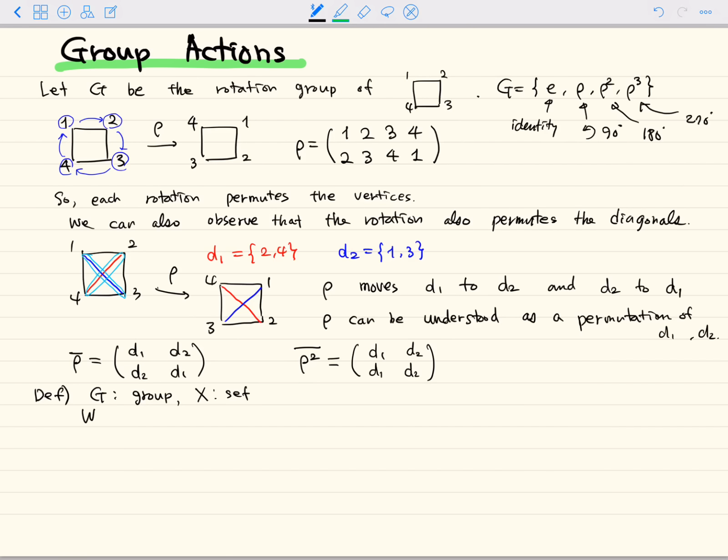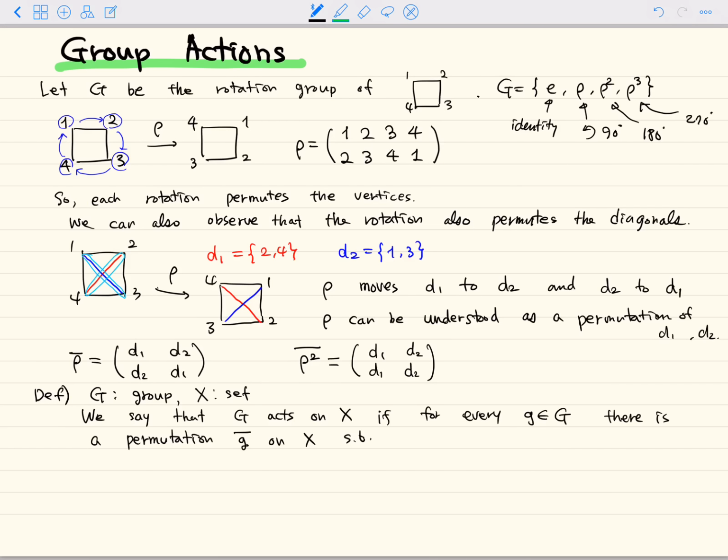So we say that G acts on X if for every element, say g, in G, there is a permutation g bar on X, a permutation of the elements of X, satisfying the following condition.